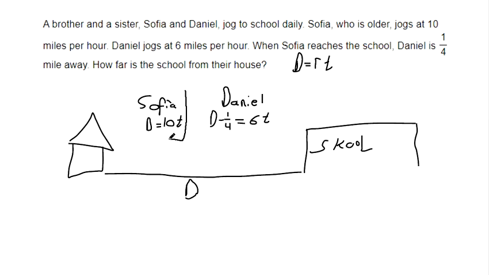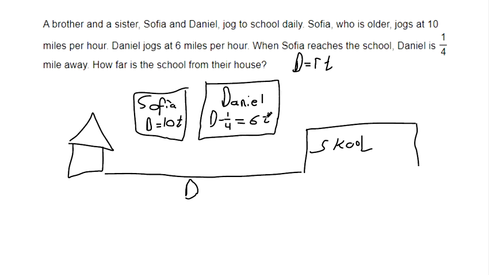Okay, so this is the trickiest part of the problem. After this, when we start looking at it as a system of equations, it'll be easier. This is Sophia's distance: 10 miles an hour times the number of hours Sophia travels. Daniel, same thing, distance equals rate times time.